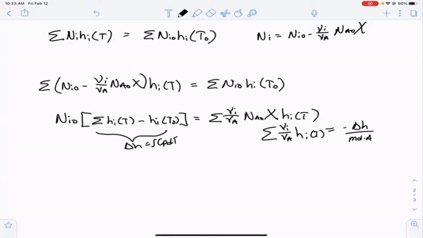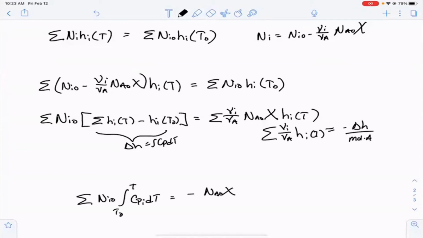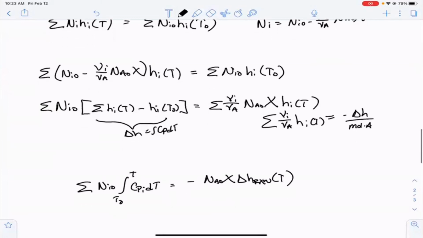And that's a substitution that we already made before. And when that's the case, this ends up looking very, very simple. This becomes the sum, which I forgot up there, sorry about that. That becomes the sum of Ni0 times the integral from T0 to T of Cpi dT equals minus Na0 X times delta H of reaction, right?